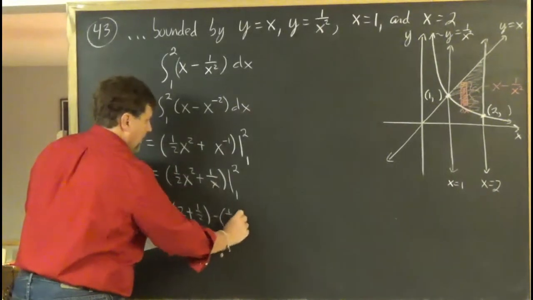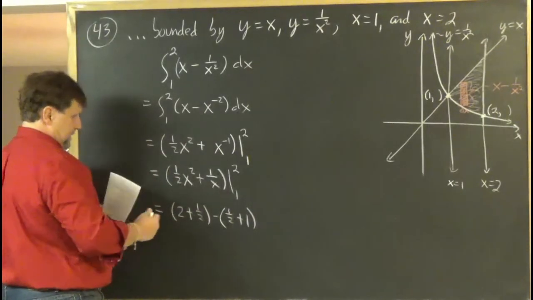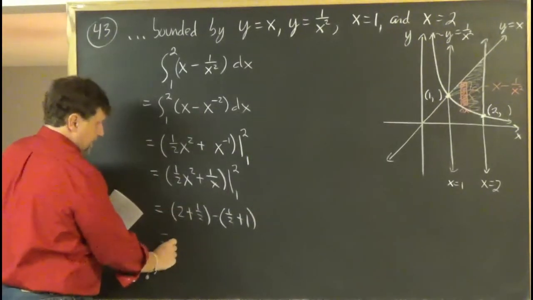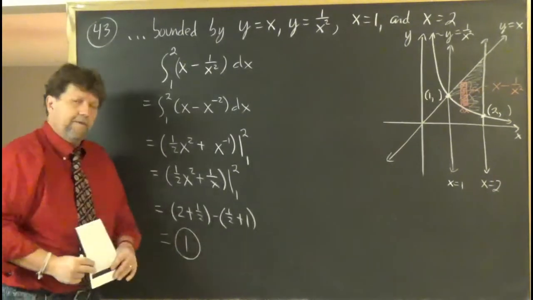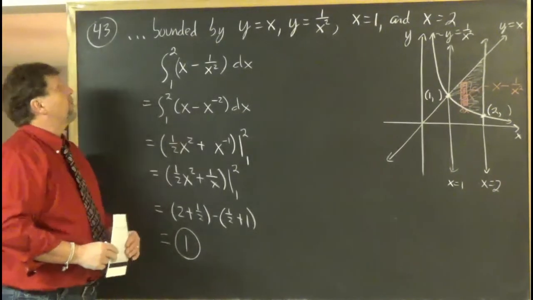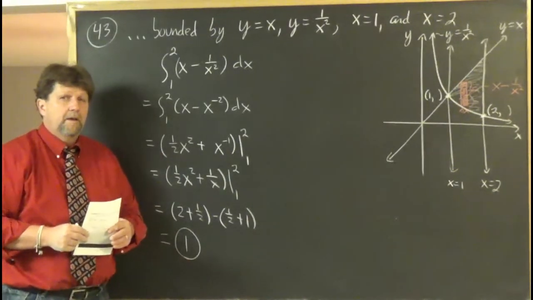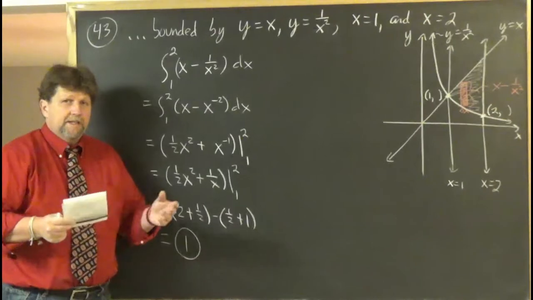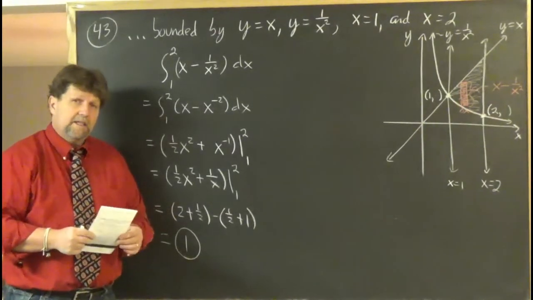So that gives me a 1/2 plus 1. And this is going to end up being 1. That was pretty friendly. So for 43, you should have gotten an area of 1. All right, so bear with me as I erase the board. I'll be right back to do number 61.